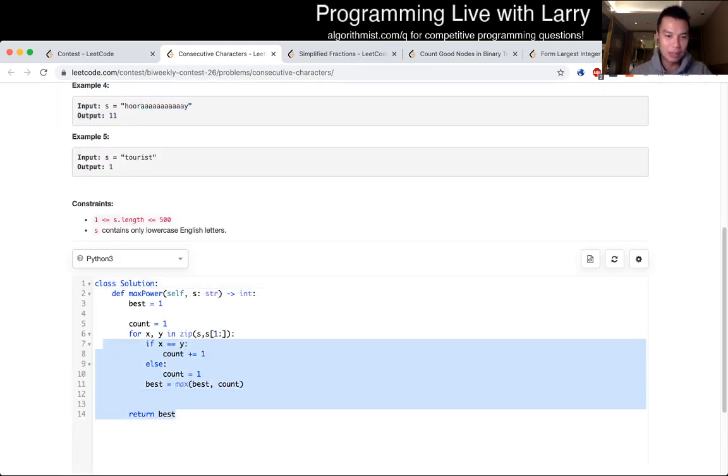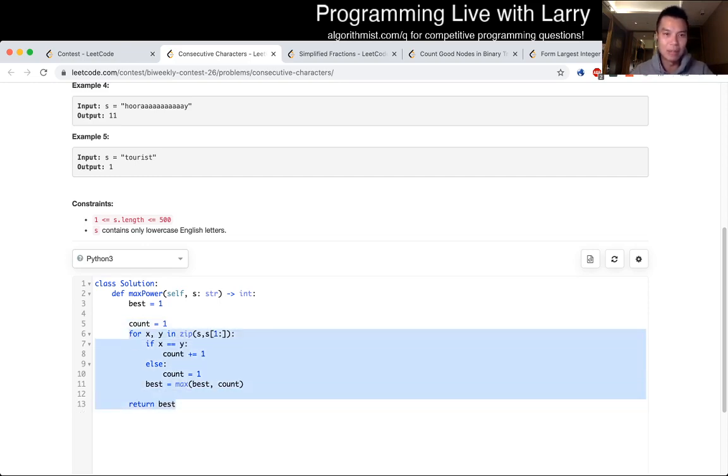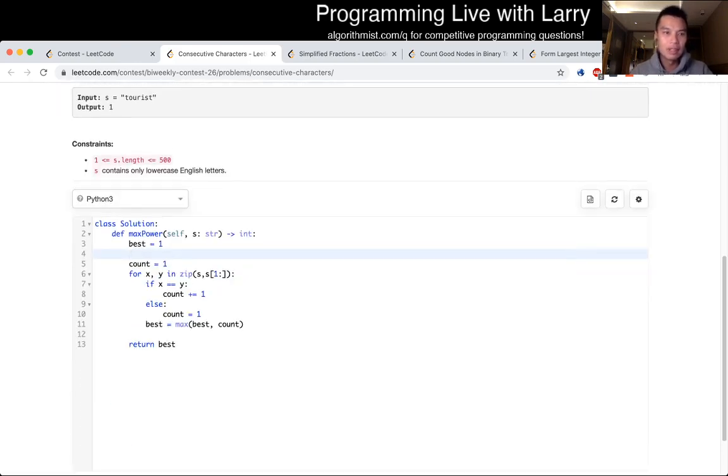This is my code, in not that many lines. The zip basically allows me to count consecutive characters, and I've done similar problems enough times that I was pretty confident about this one.